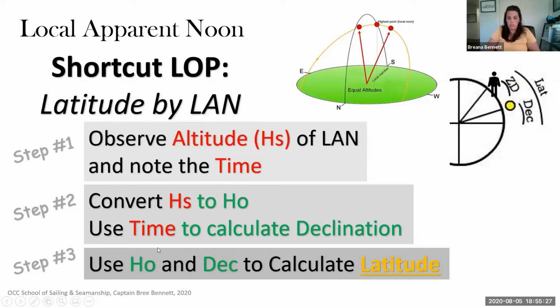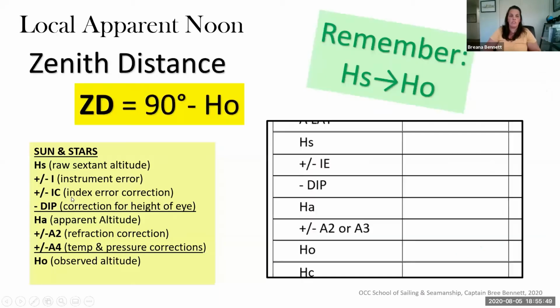And then we're going to use that HO and that declination to calculate latitude. And we use that latitude as an LOP. Any questions so far? Okay. Good, good. Okay, so quick recap on how we do HS to HO.